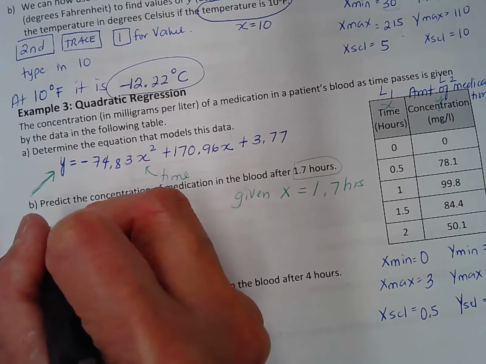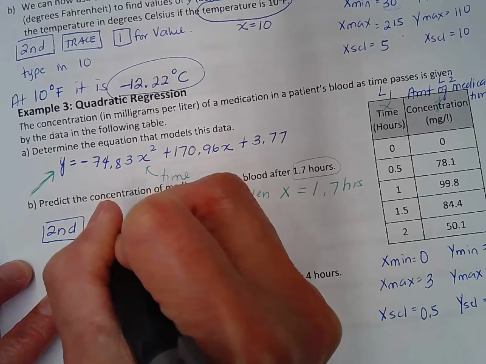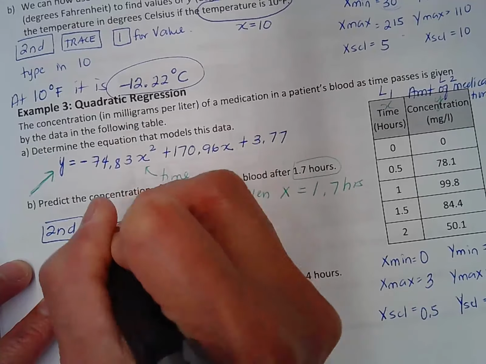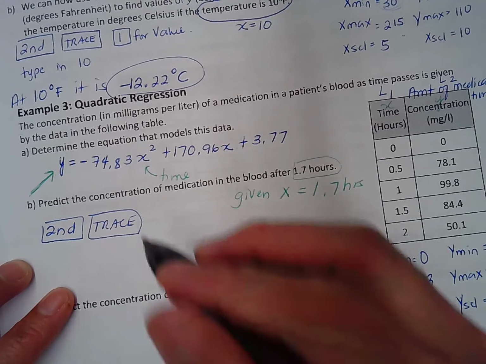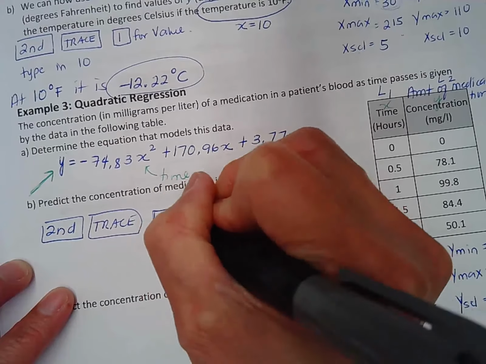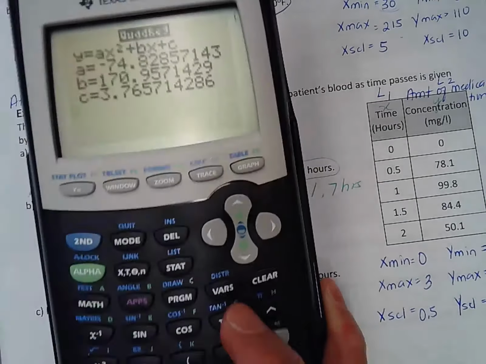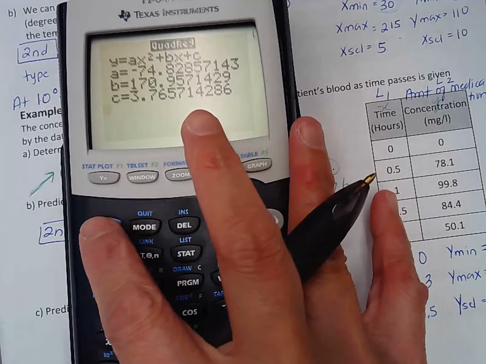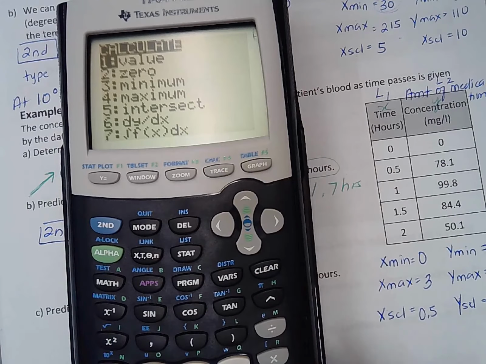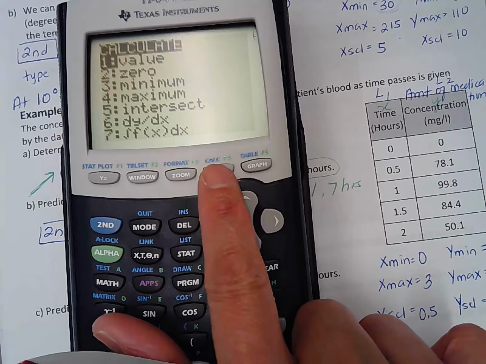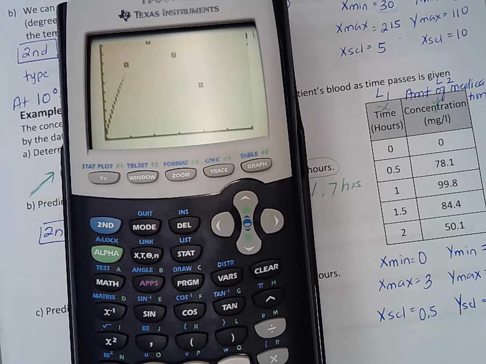So you're going to press second function, trace, and you're going to pick 1 for value. Okay? So let's do that. Second function, and then the trace button, and then you're going to press 1 for value.